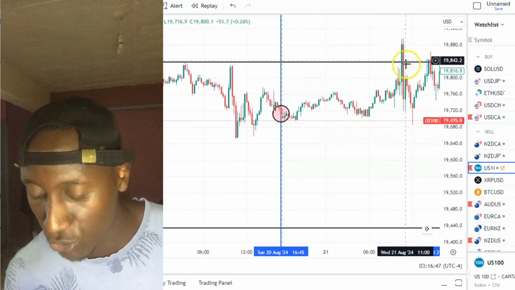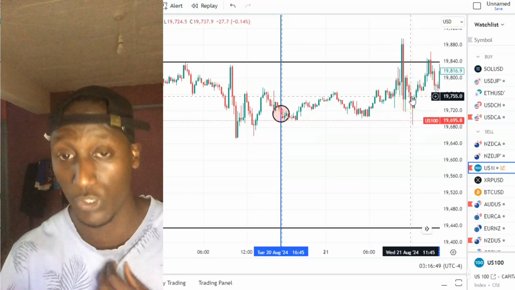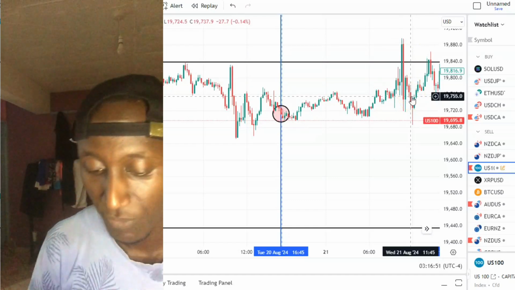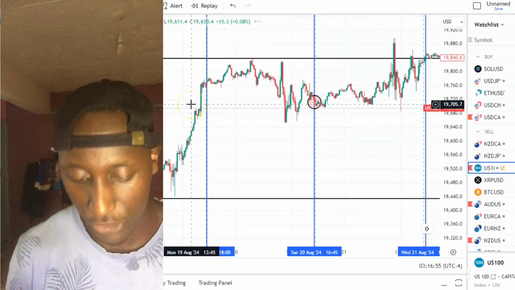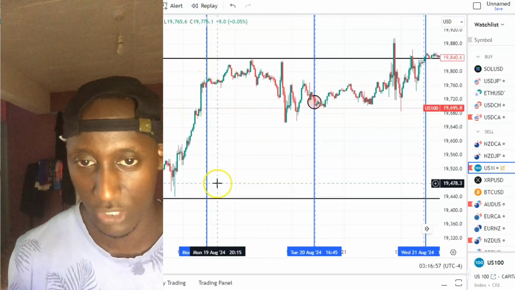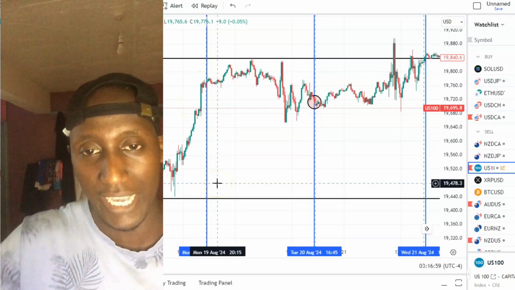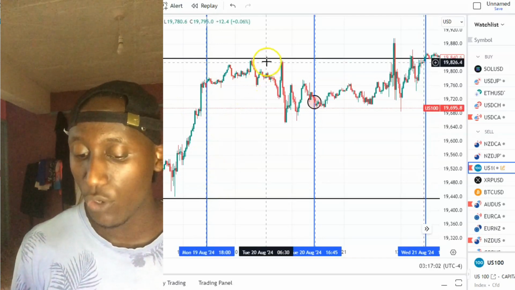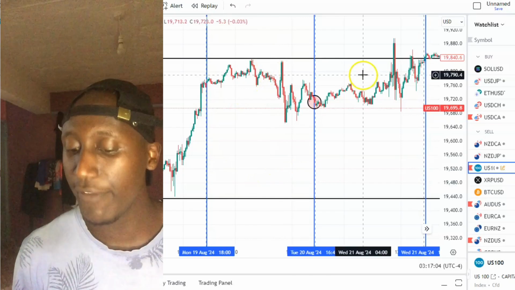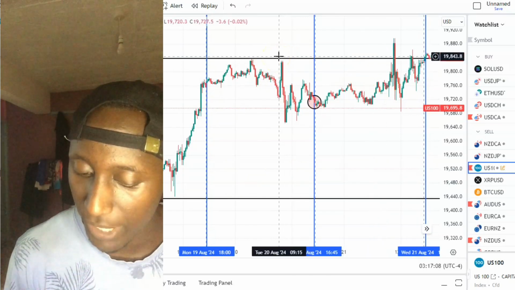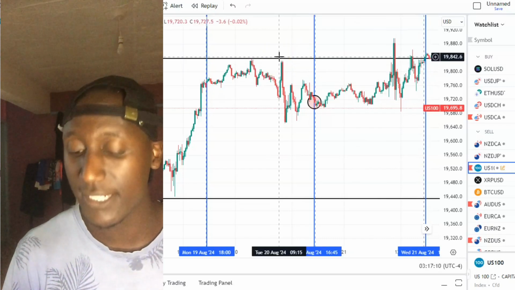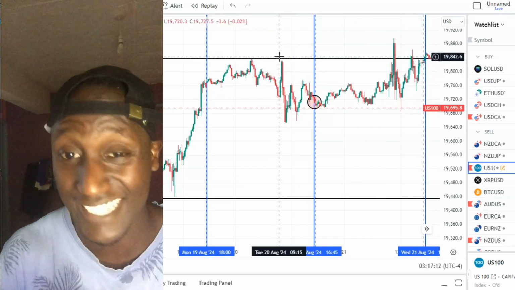And we did get that opportunity later in the New York session, which I will explain. And then on Wednesday, we have the consolidation now of Monday and Tuesday, because price will always be expanding the ranges. So we have the high, we have the low. If Wednesday closes inside of the consolidation made on Monday and Tuesday, it means that on Thursday we can sell again.